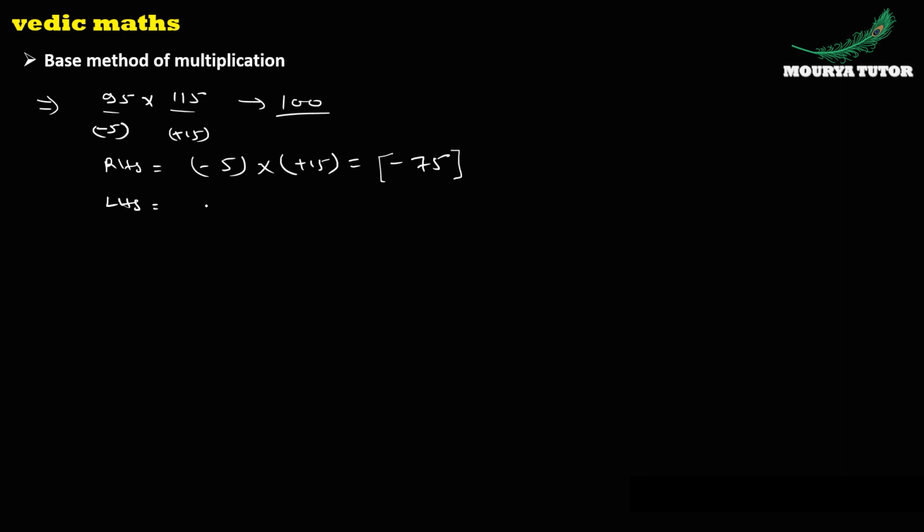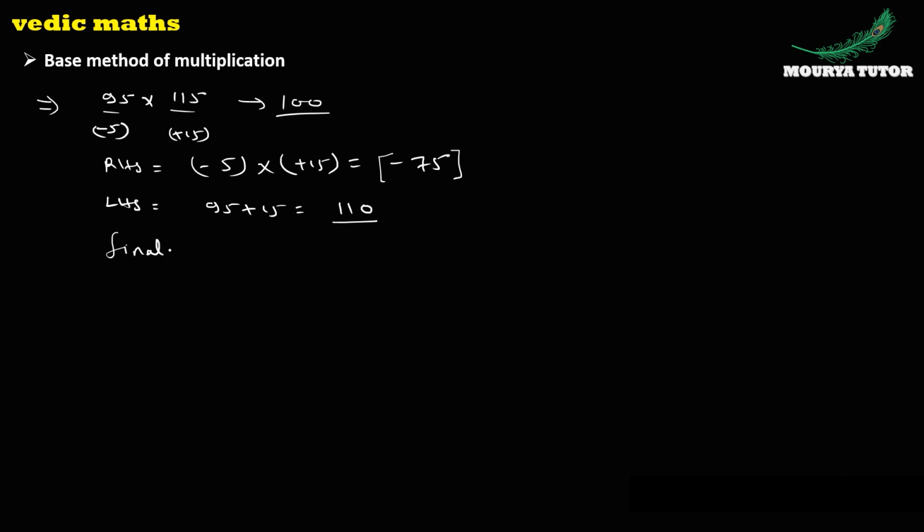Just find out the LHS. 95 plus 15, it will be 110, right? So if the RHS is negative, then what you need to do for the final answer?